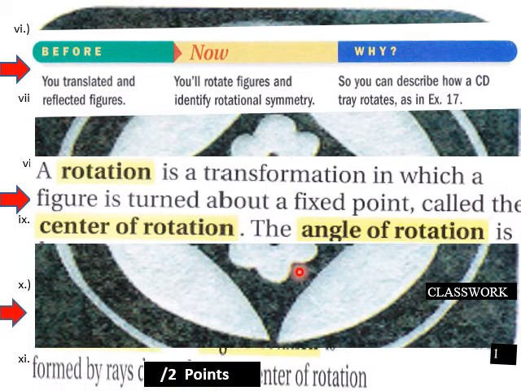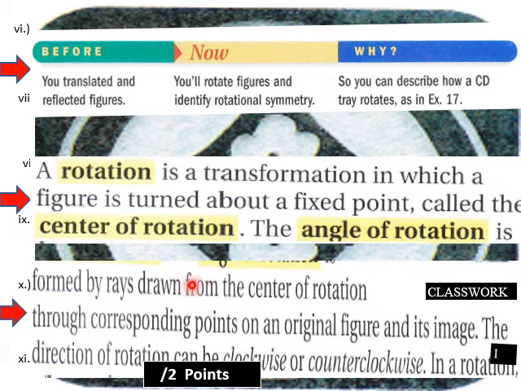The angle of rotation is formed by rays drawn from the center of rotation through corresponding points on an original figure and its image. The direction of rotation can be clockwise or counterclockwise. So you can rotate this way or that way, and the angle is rays drawn from the center of rotation, kind of like the vertex of a triangle or something.